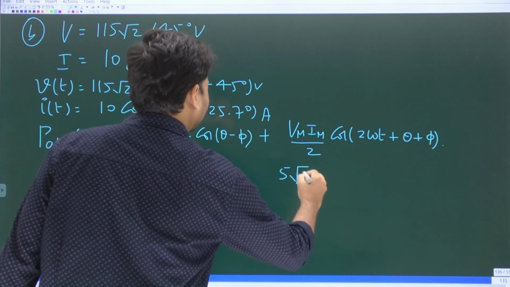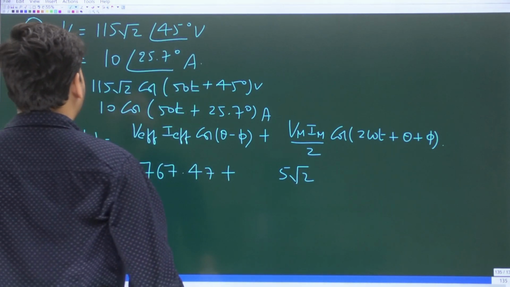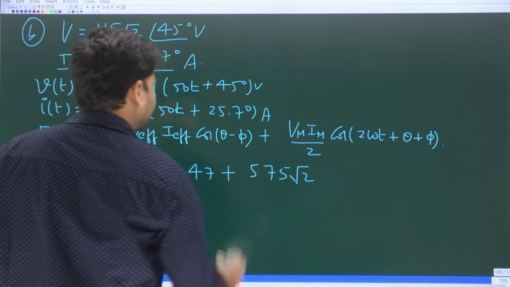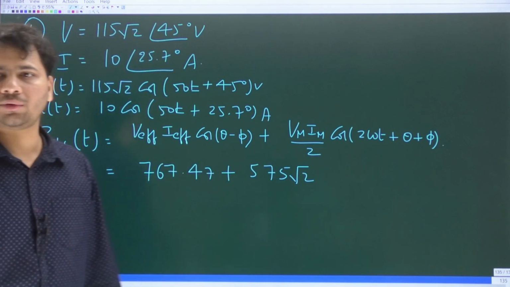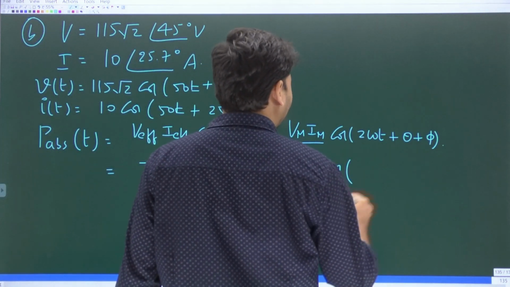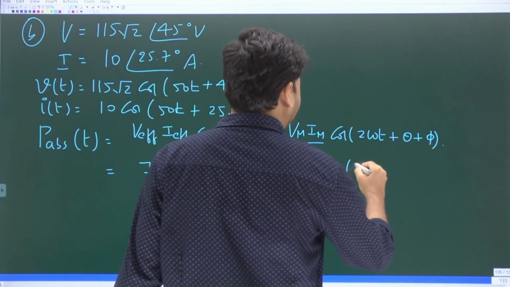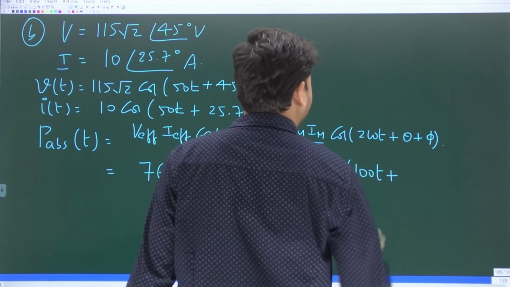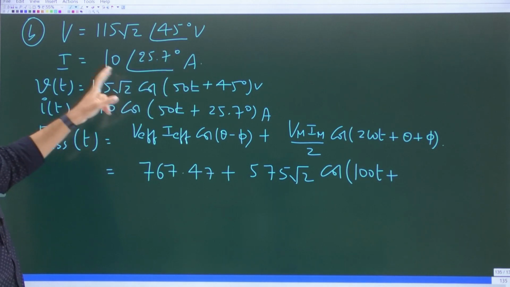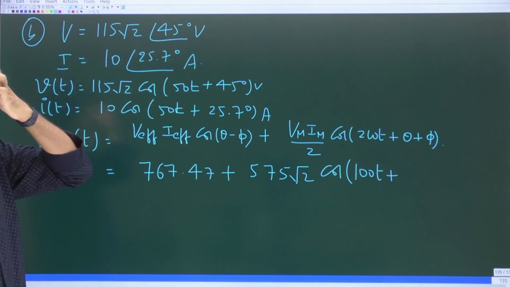5 root 2. And then I'm getting this 575 root 2. 575 root 2 times cos of 2 omega t. Omega is 50, so 2 omega is 100. 100t plus theta plus phi. Theta is the angle of the voltage, 45. Phi is the angle of the current, 25.7.